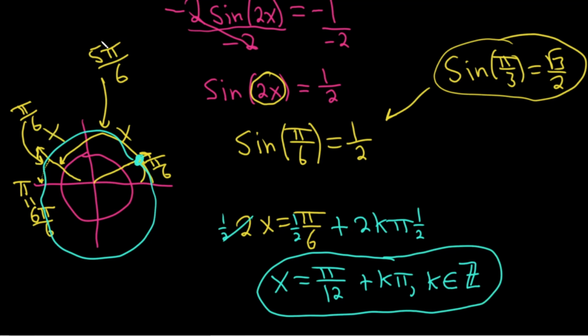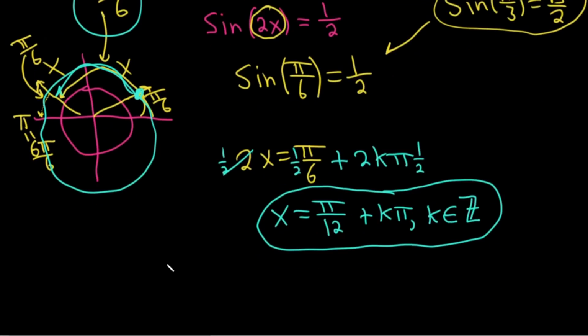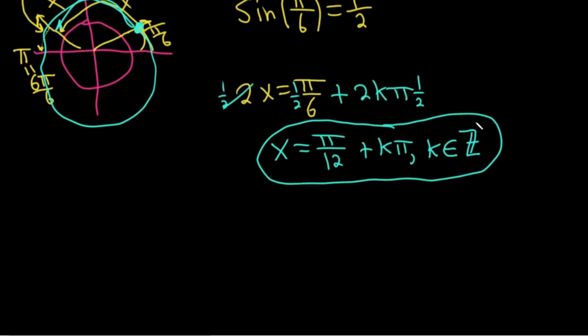Okay, the other one is 5 pi over 6, right? We established that. So then we would just take 2x again, because that's what's here, and we set that equal to 5 pi over 6. And again, plus 2k pi, because we can add or subtract any multiple of 2 pi to 5 pi over 6, and we end up in the exact same place on the unit circle.